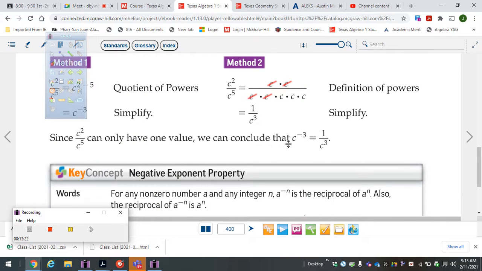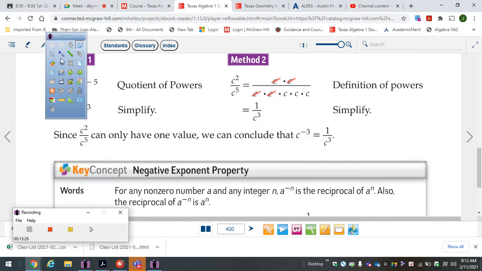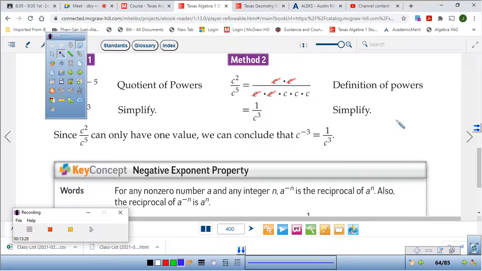Next thing is over here. What if you have a negative exponent? Well, then you need to throw it to the other side of the fraction bar. What do you mean, sir? So right here, this is equal to this. I'm going to have c to the negative third over 1. Everything, if I give you x, that's over 1 already. If I want it to be the same thing but with a negative exponent, then it's going to be this, on the other side.